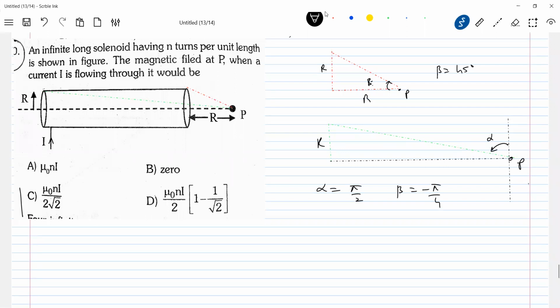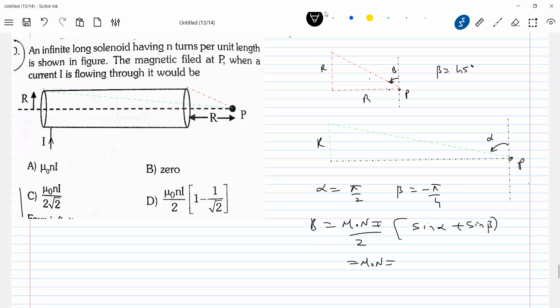Beta, sorry, okay, it comes here. I'm just making some correction. Beta, I should measure like this, no? So in that formula, mu naught ni by 2 (sine alpha plus sine beta).